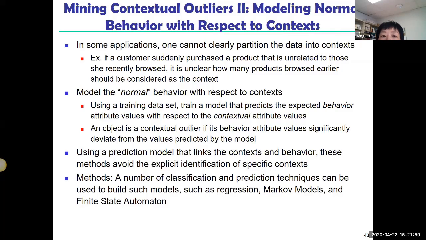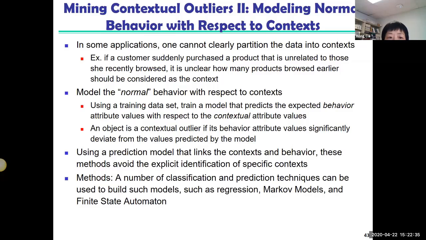However, in some applications, it's not very easy for us to clearly identify how much of the context needs to be taken into account. For example, if a customer suddenly purchased a product that's unrelated to those products that she recently browsed, it is not clear how many earlier browsed products need to be taken into consideration. So it's hard for us to define this context.